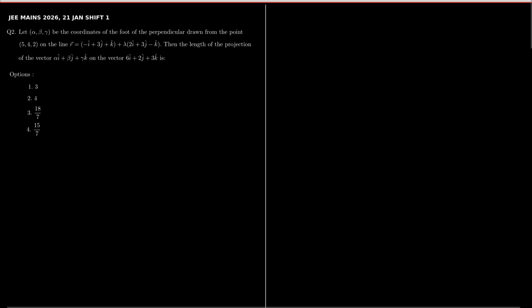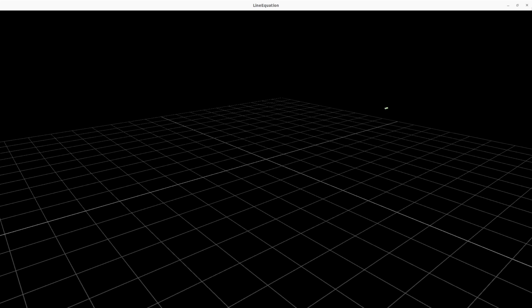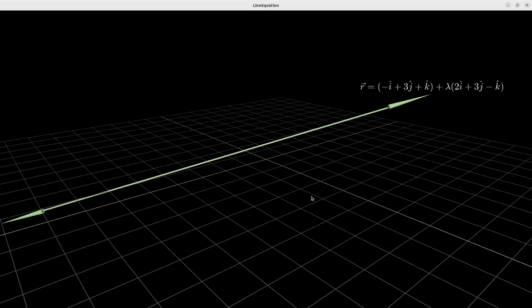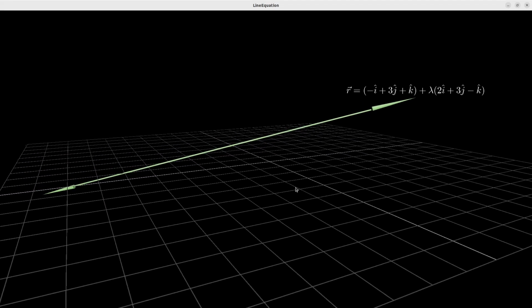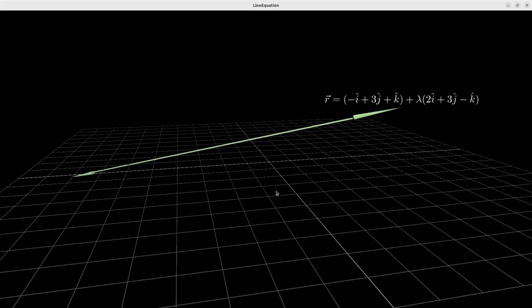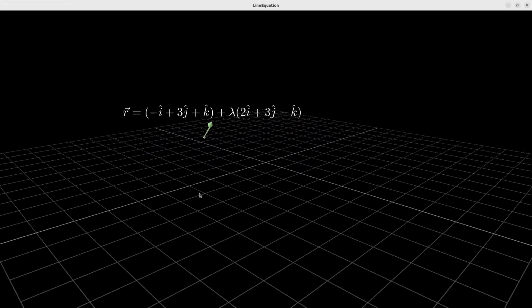Okay, let's get started. We'll bring in the 3D space. We will add our given line to our animation. So this is the given line R: minus i plus 3j plus k plus lambda into 2i plus 3j minus k.